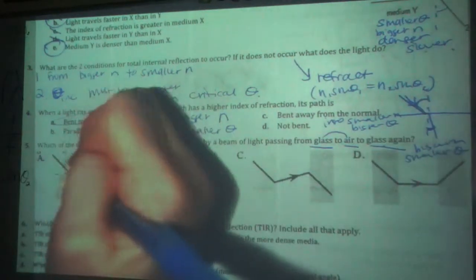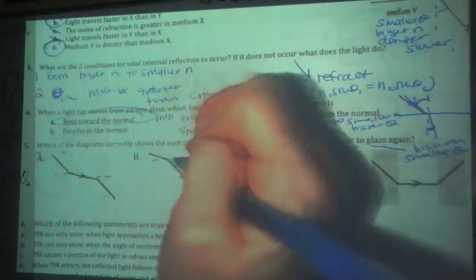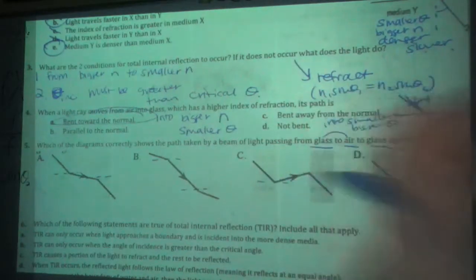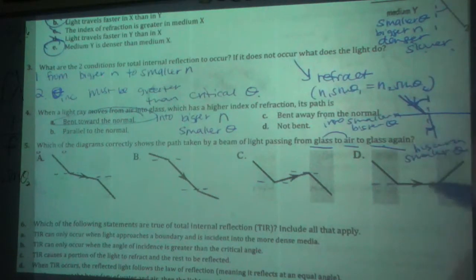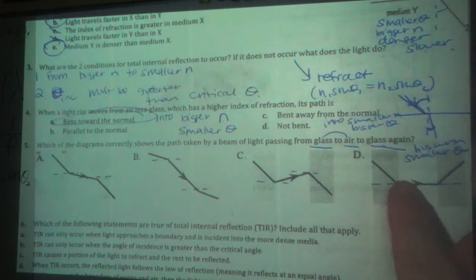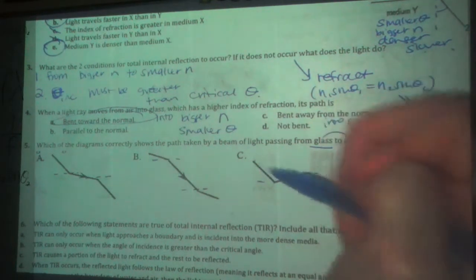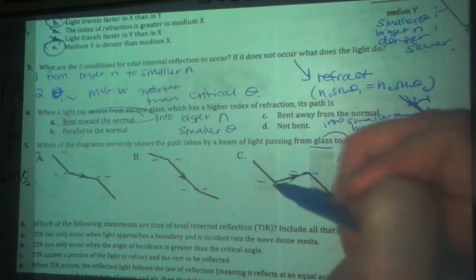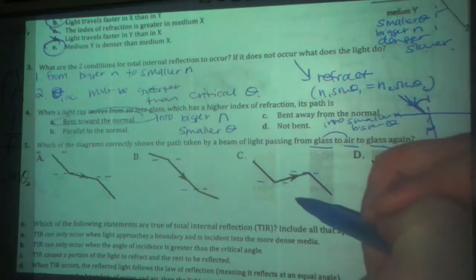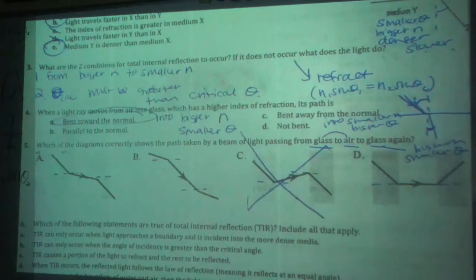So I'm going to sketch in my normal lines here. This one does not make sense because that would be like reflecting off the normal line. It should be crossing the normal line every single time, so that just does not make sense. There's no case where it would look like this.